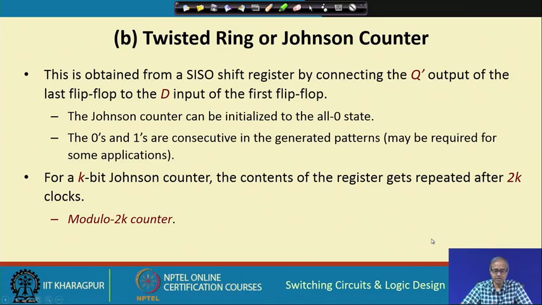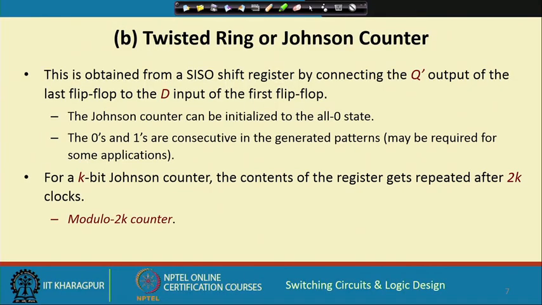Next, let us come to a very small variation of a ring counter. This is called a twisted ring or a Johnson counter. Now, in a ring counter, what we did? The Q output of the last flip flop we fed to the D input of the first flip flop. In a Johnson counter, we take the Q bar output of the last flip flop and feed that back to the D input of the first flip flop.